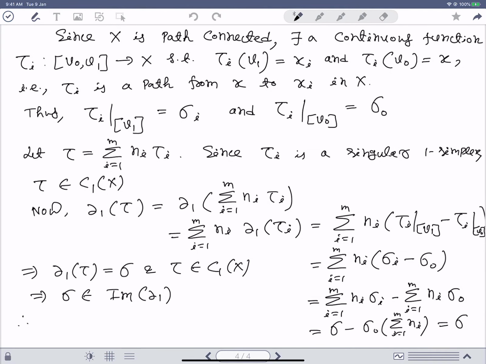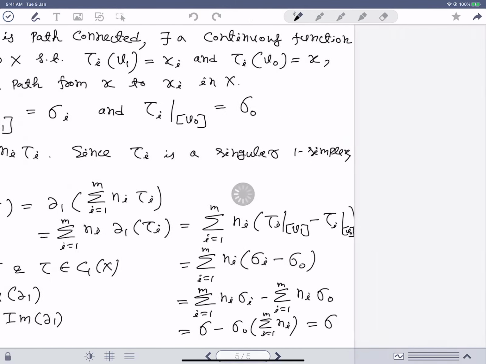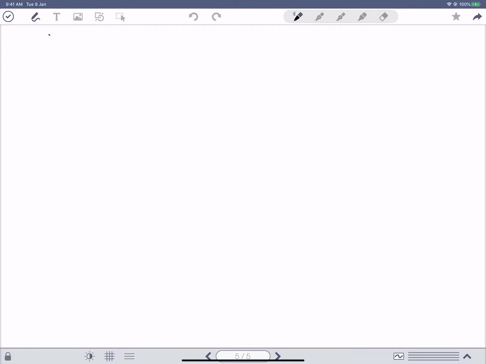So that is, kernel of epsilon is a subset of image of del_1. So therefore we have kernel of epsilon equal to image of del_1. And now we are done.